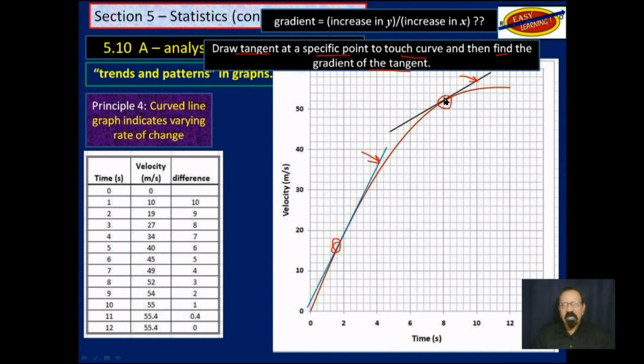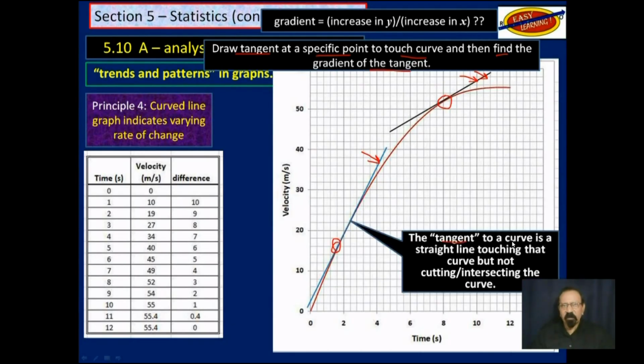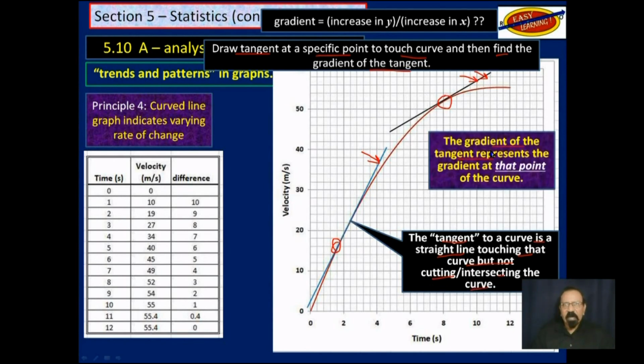You can already see that that blue line is steeper when compared with this black line up here, which means that the gradient of the blue line will be greater than the gradient of the black line, which means that the rate of change is changing as we move from one point to the next. So the tangent to a curve is a straight line touching that curve, but not cutting or intersecting the curve, just touching it. The gradient of the tangent represents the gradient at that point of the curve.